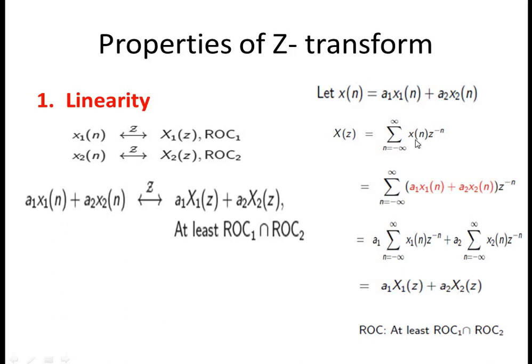If we have x, we can write it as X of z, but here we have x1, so we write X1 of z and X2 of z. So now we have proved it. This is how we are going to make a proof for all the properties: we try to simplify all the steps to get the generalized equation from those steps.